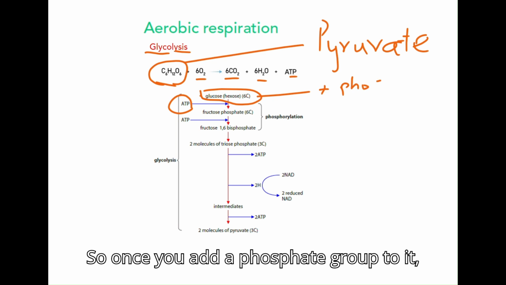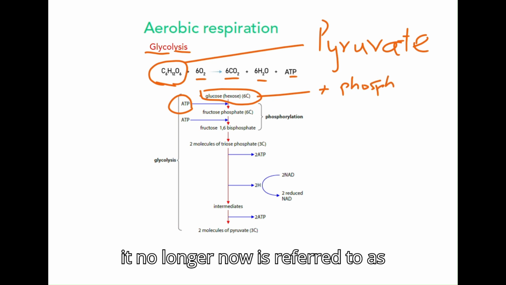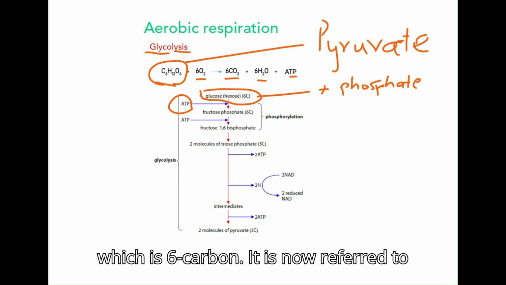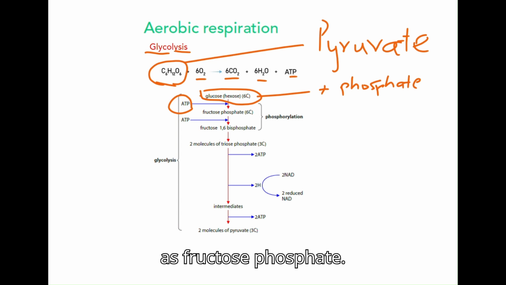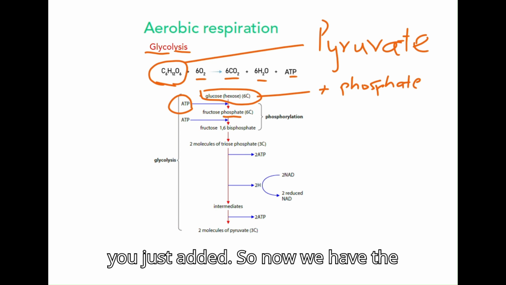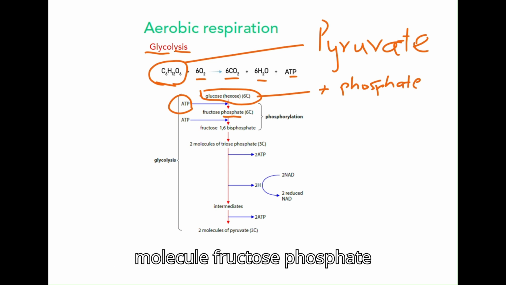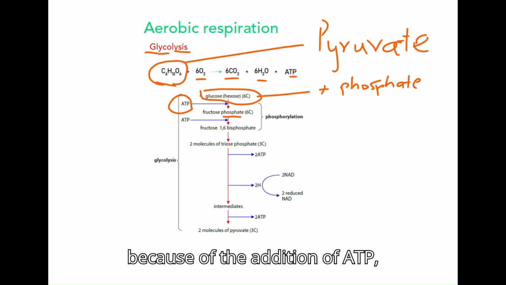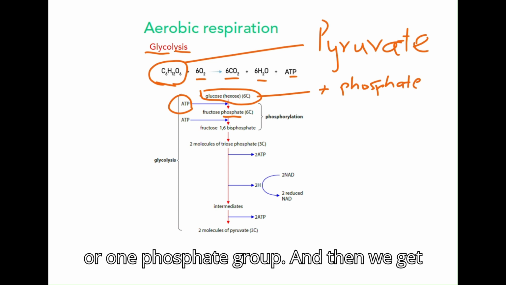So once we add a phosphate group to it, it is no longer referred to as glucose, a hexose sugar, which is 6-carbon. It is now referred to as fructose phosphate. And the phosphate here is the phosphate we just added. So now we have the molecule fructose phosphate because of the addition of 1 phosphate group from ATP.